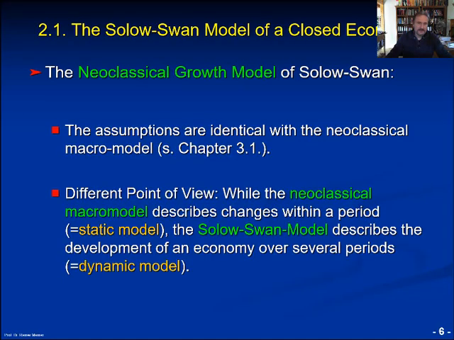The difference lies only in the point of view. While the neoclassical macro model describes changes and adjustment processes within a period, it is a static model. The Solow-Swan model describes the development of an economy over several periods. It is therefore the dynamic version of the neoclassical macro model.